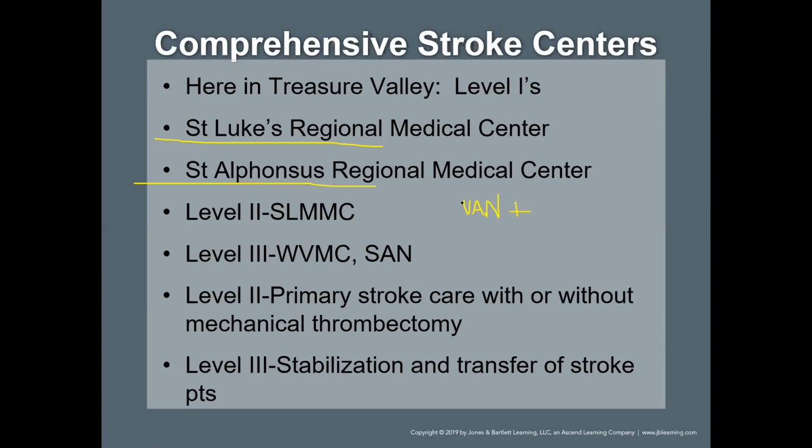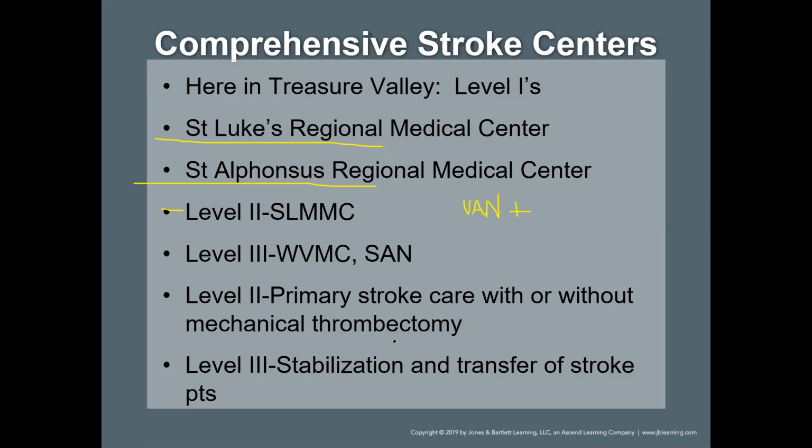All right, now level 2, which are primary stroke centers. This is St. Luke's Meridian Medical Center, and what that means is their primary stroke care. They have possibly mechanical thrombectomies, but only at certain times. So St. Luke's and St. Al's may have them 24/7.